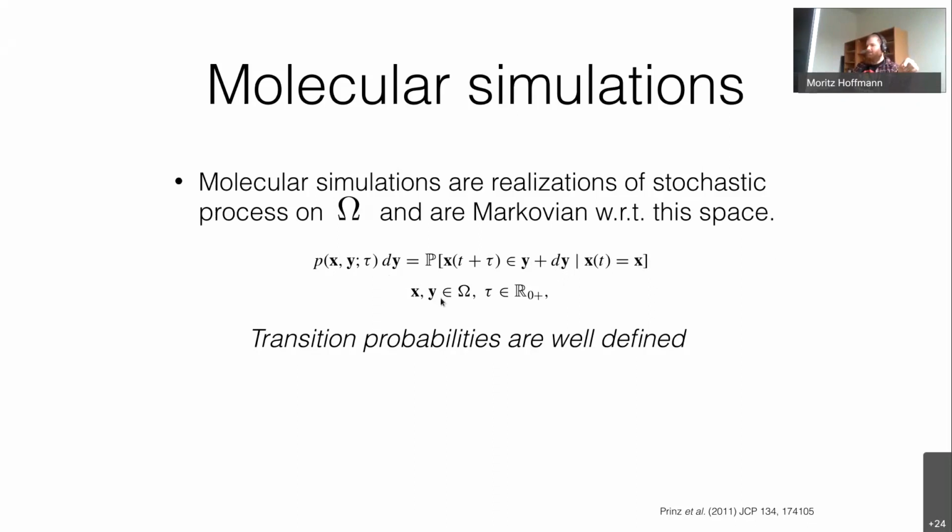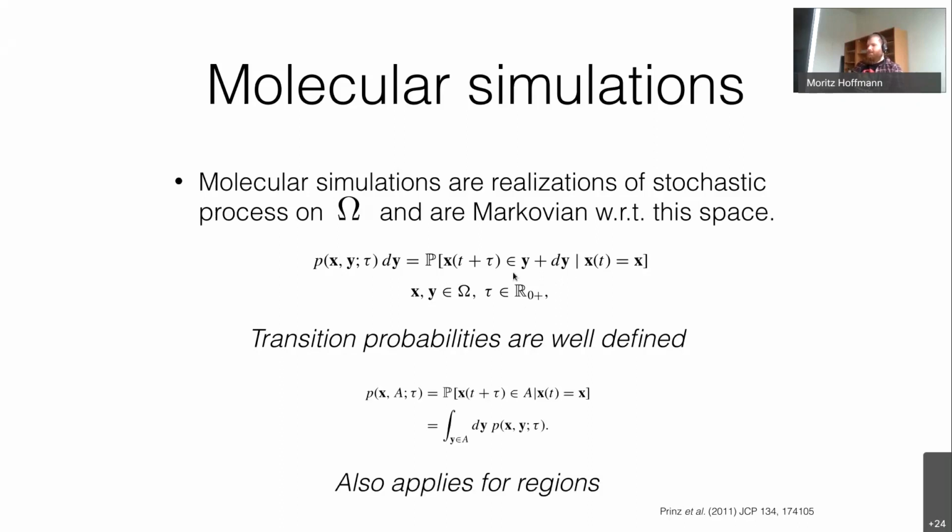And this has to hold for every X and Y. And because we are simulating a stochastic process, this is actually well defined, and we can make sense of it. And of course, when we integrate over all the Y's that we're interested in, we can also look at sets. What is the probability that, given we start in state X, we end up in set A after a time tau?